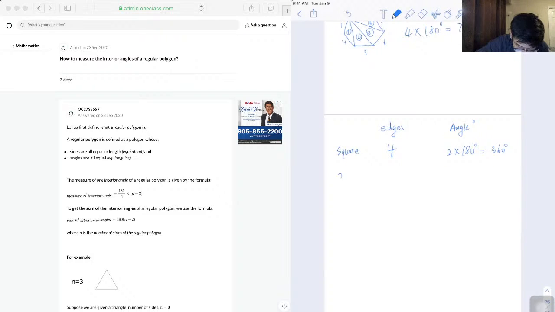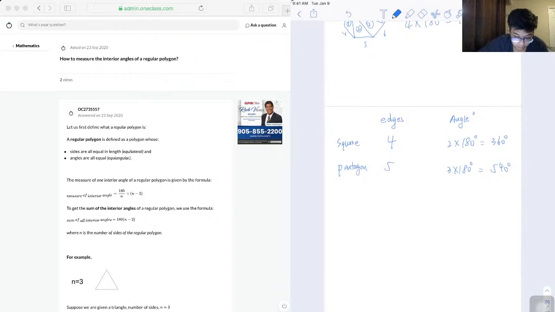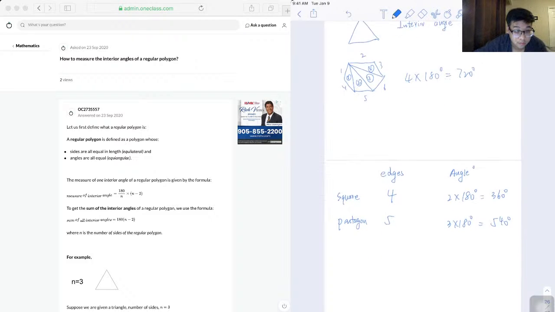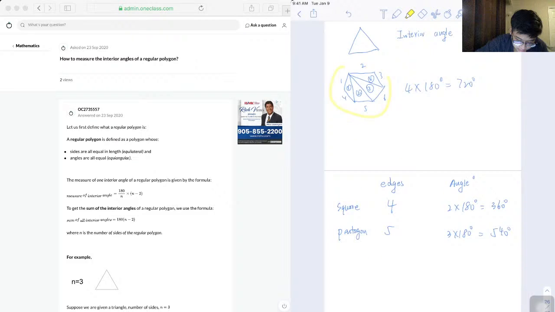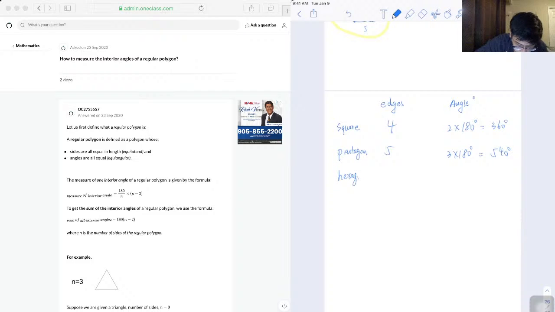And if we've got a pentagon, which means it has 5 sides, the angle sum will be 3 times 180, which is equal to 540. And if we've got a hexagon, which we just talked about, where we have 6 sides, that becomes 4 times 180, which equals 720.